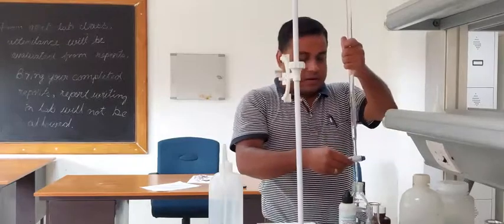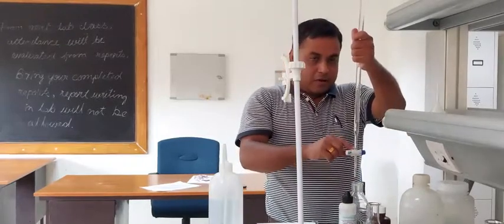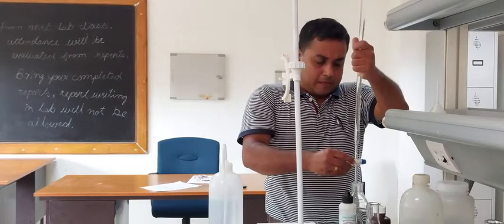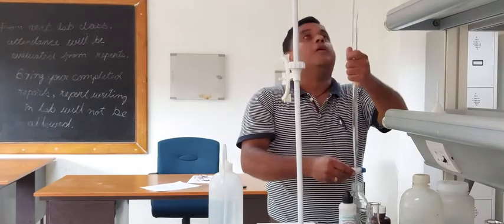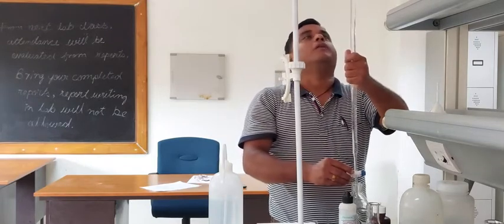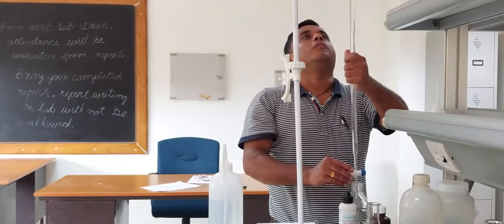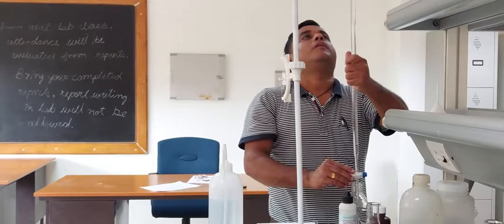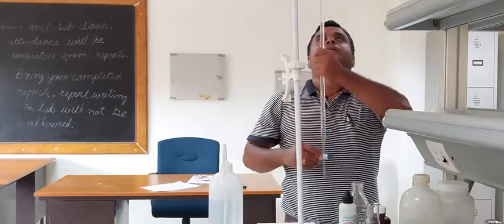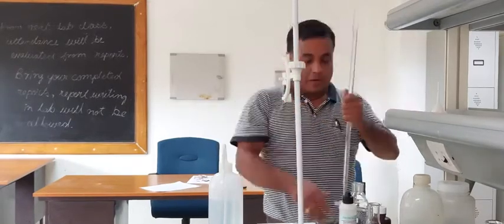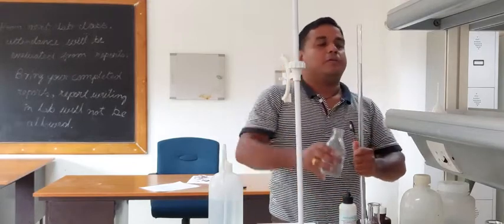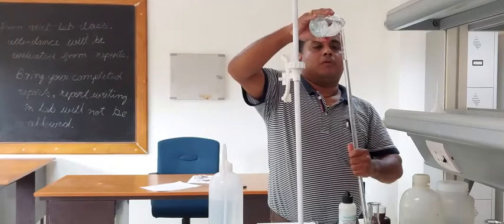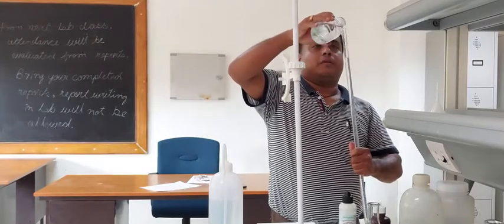I will release it at first, so there will be no air gap in the clamp or stop pump. Here I will also adjust to the 0 mark in the burette. I will see it horizontally so that it is not going below 0. Again I am putting a few ml of sulfuric acid.